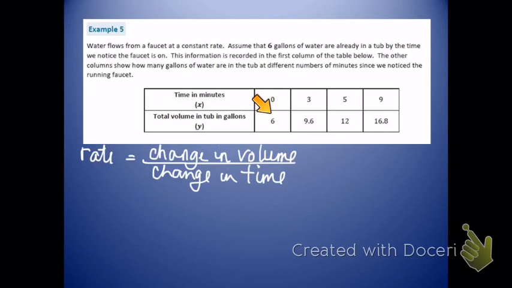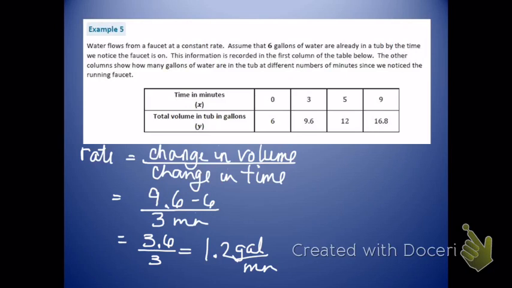The volume changed from 6 to 9.6. So that's like finding the slope, right? I take 9.6 minus 6 to get the change in volume. 3 minus 0 gives me the change in time. So I get 3.6 divided by 3, which simplifies to 1.2 gallons per minute.